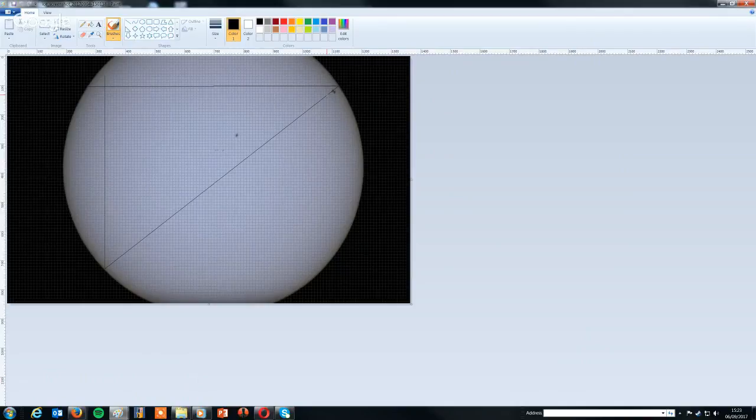So if I doubled that plus some of the ISS body, I'm roughly looking at, well, let's do it in meters. So I'm looking at about 70, let's call it 70 meters across from here.